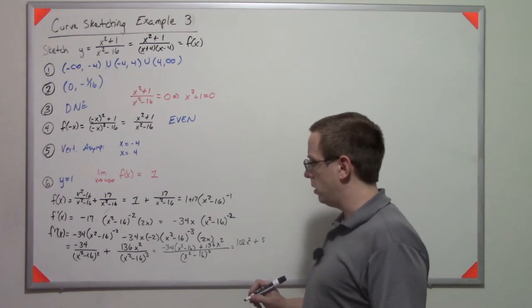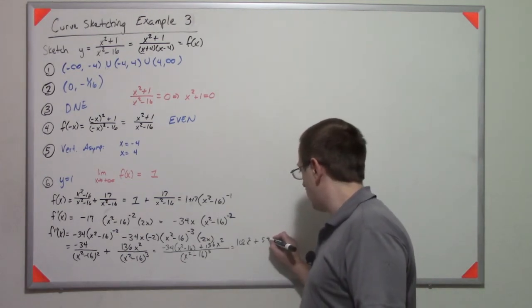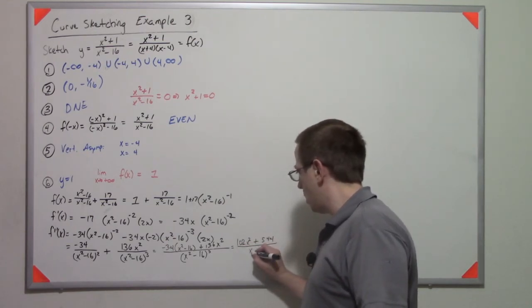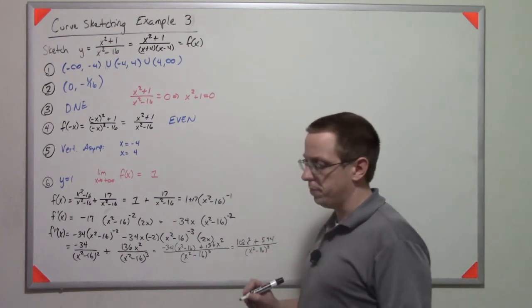That can't be right. Maybe it is. 544 over (x squared minus 16) cubed.